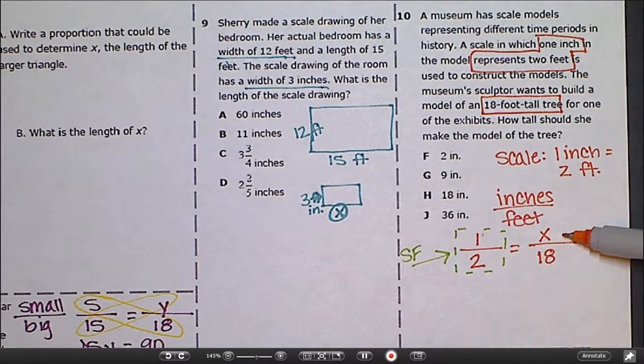And then inches is what I'm looking for, and I'm given 18 feet. So now I'd like for you to finish solving this proportion, and you definitely know how to do that. You've got lots and lots of practice. When you're finished, please bring me your paper for a stamp on number 10. So now I'll pause the video.